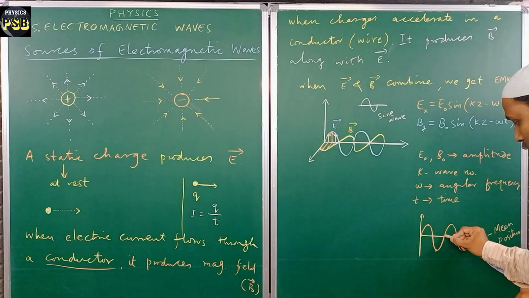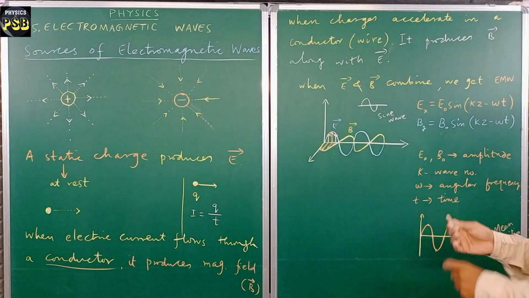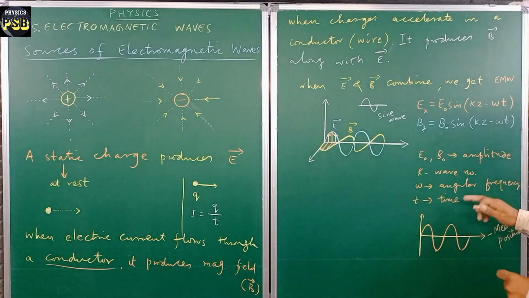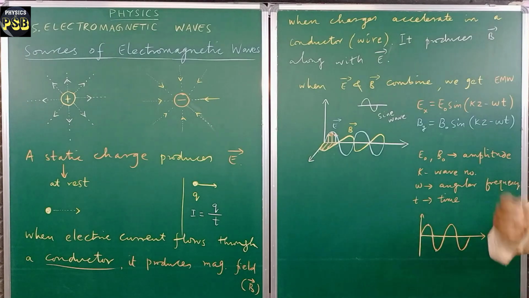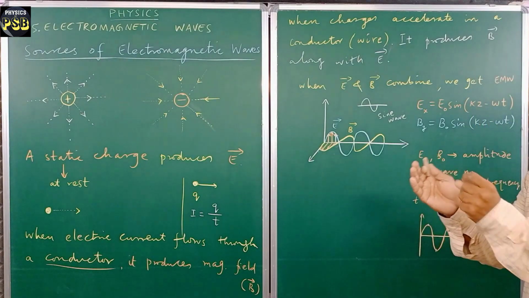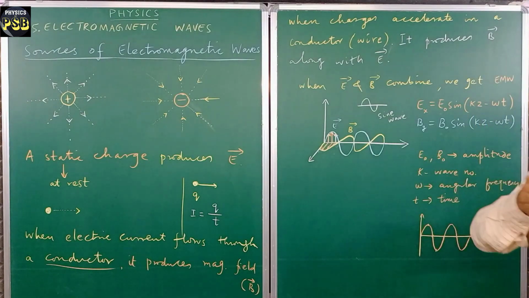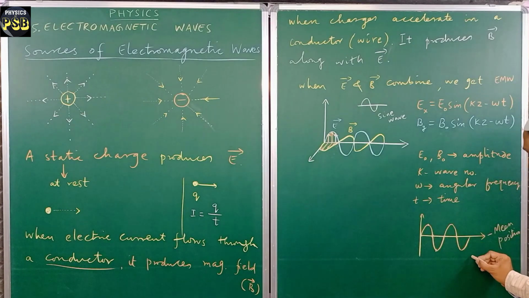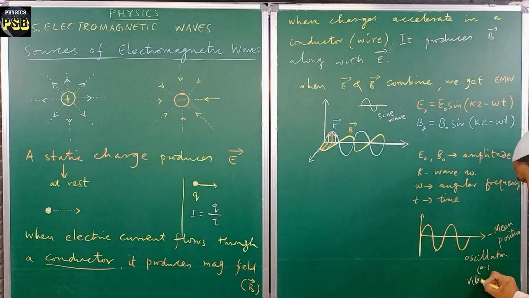Then it goes back to the mean position. So this kind of motion, when something moves from one point and returns back to the same point after traveling a certain distance, we call this oscillation or a vibration.